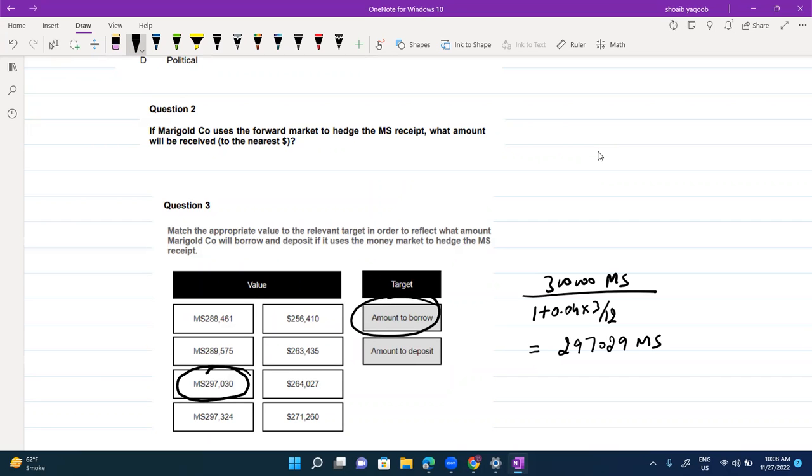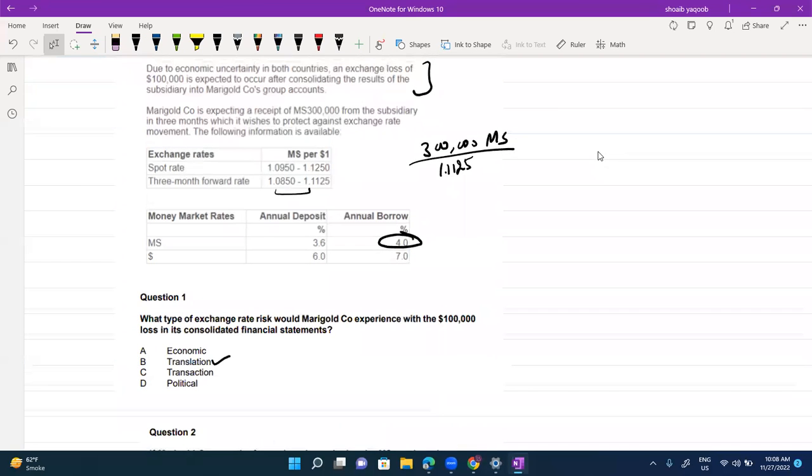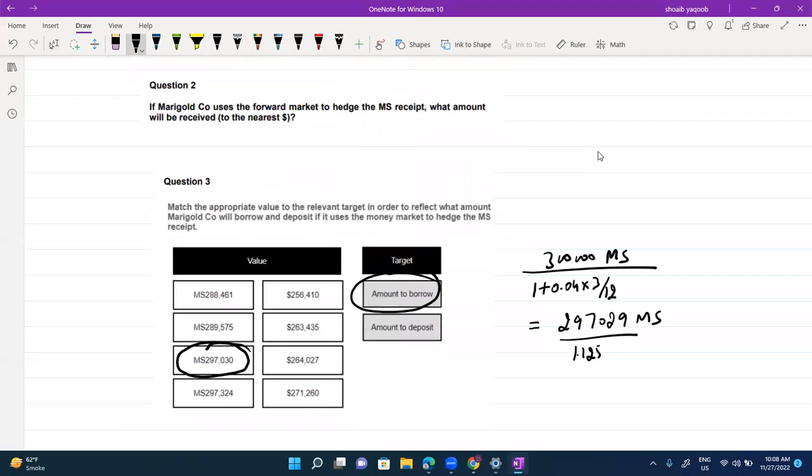Okay, this is MS. Now convert it into home currency. 1.1250. Can I convert? क्या आता?